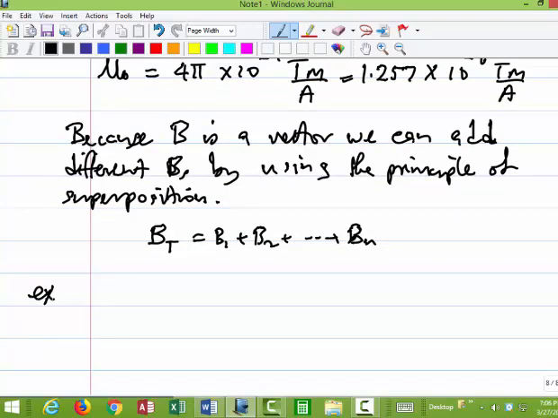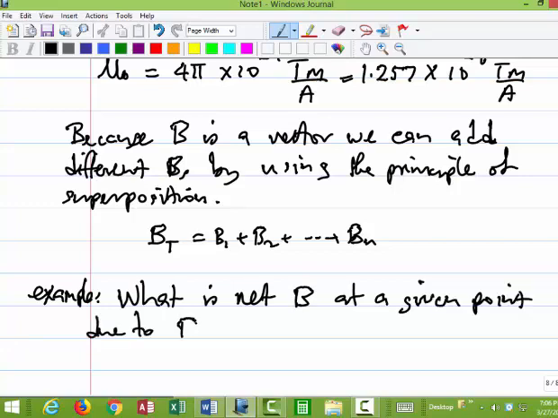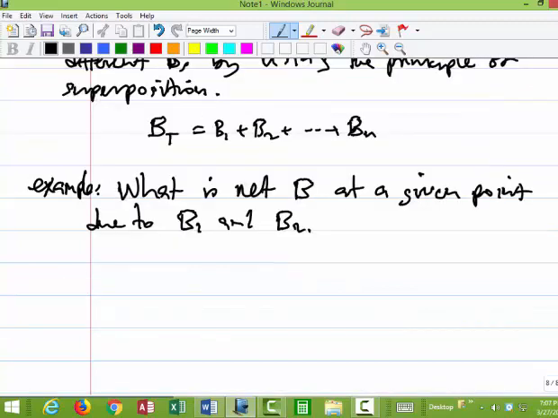So for example, what is the net magnetic field at a given point due to B1 and B2? Let's say we have a wire like that, where there's a magnetic field going this way. Let's call this B1 equals 2.5 Tesla. And then we have another field going that way.